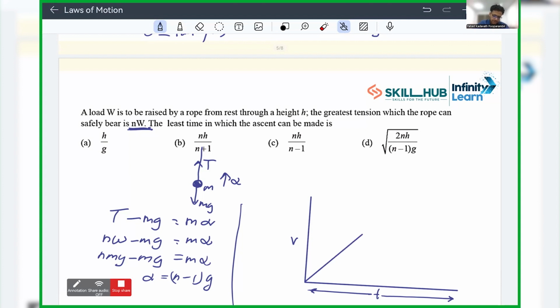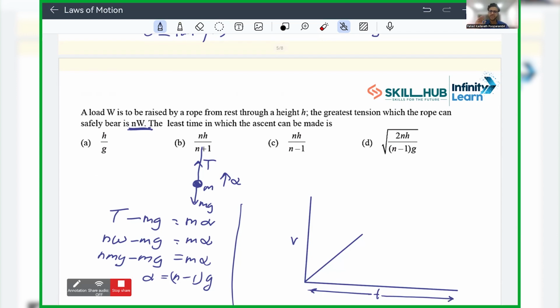Then it has to decelerate. While it is reaching the top, the velocity should be zero. By using a rope, we cannot reduce the velocity. We cannot decelerate anybody using a rope. If it is a solid bar, you can give some deceleration with that, but a rope is a flexible thing, so we cannot give any deceleration with it.